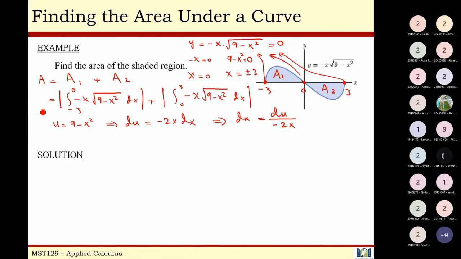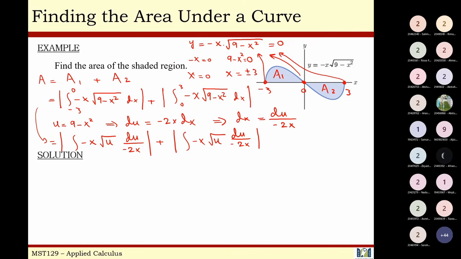So the area equals the integral, without bounds, of minus x radical u times du over minus 2x, plus the same integration, the same du over minus 2x, but after finding the integration we have different bounds.